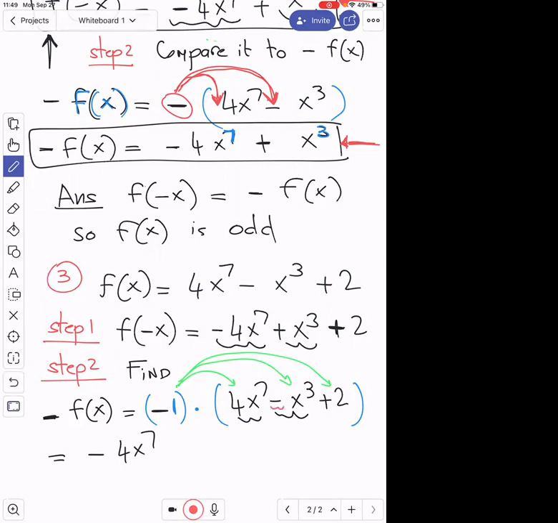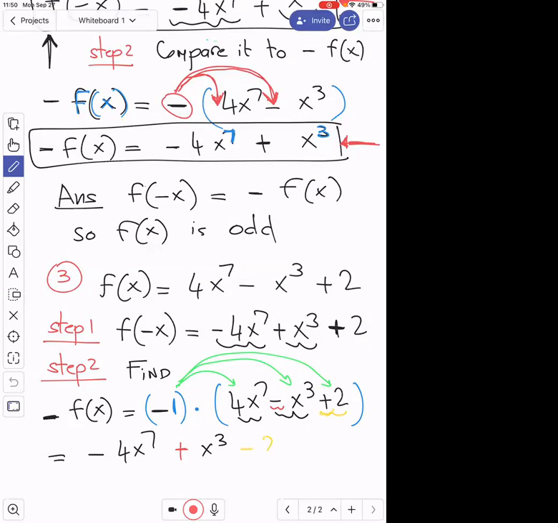That's plus x cubed. For the last term, you have +2 times -1, negative times positive is negative, so this plus becomes a minus.